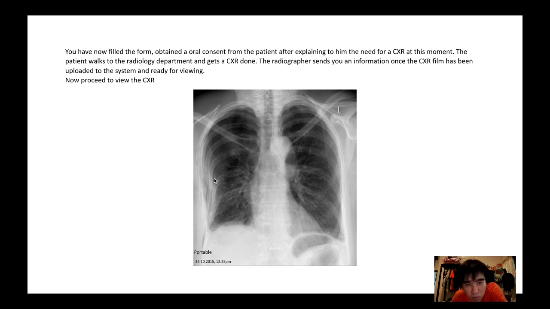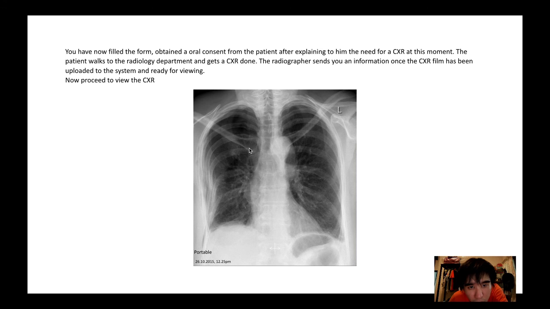The bones, you can see that there is a fracture of the, I don't know which rib is this. 1 2 3 4 5. Is it? I think so.